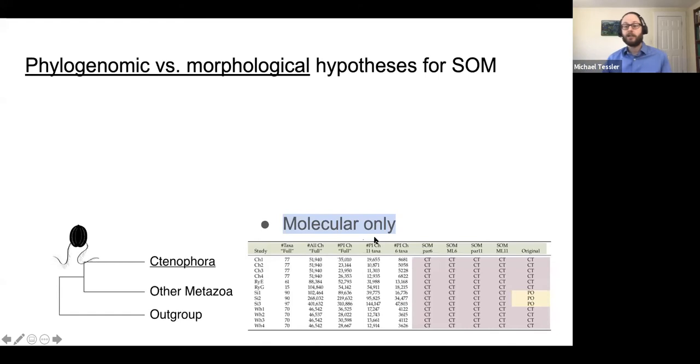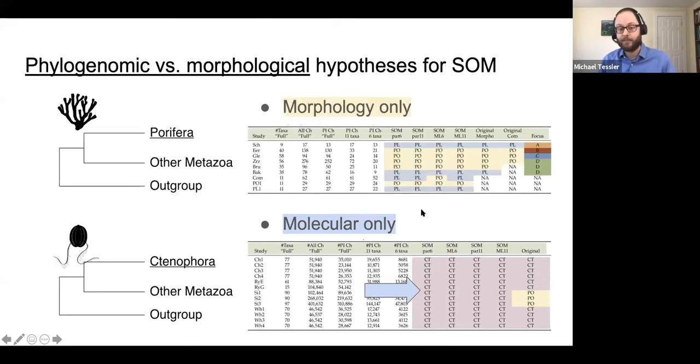Starting with molecules only, what we find is that basically all the data sets that we run wind up with CT, which in this case is ctenophores, as opposed to the original studies where most were ctenophores, but some were porifera. In studies that have differed between ctenophores and porifera, usually the phylogenomic ones that find porifera have add-ons to the traditional analyses that account for issues in data sets, but ultimately wind up changing that particular node.